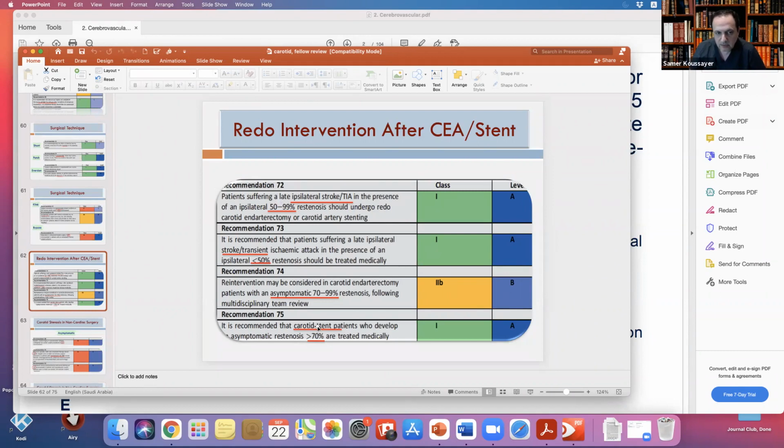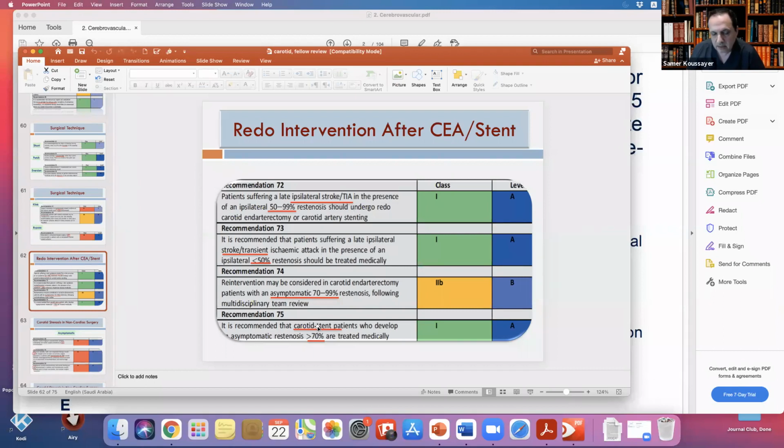If it's usually less than 50%, they treat it medically. If the patient has a carotid endarterectomy and is asymptomatic with 70 to 90%, then they want a multidisciplinary team review to decide whether to do it or not. But if he has a stent and has a restenosis of more than 70% and is asymptomatic, he should be treated medically.